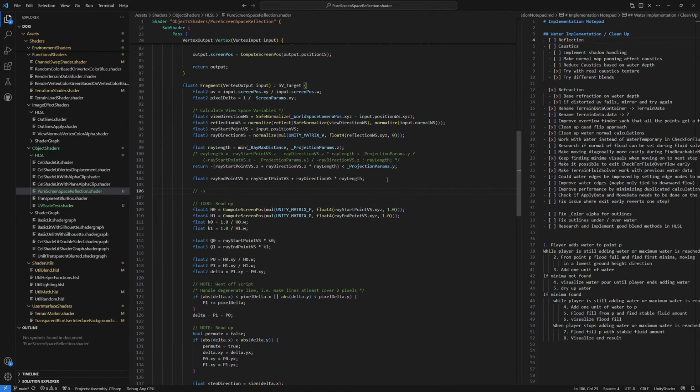Okay. Okay, so given the fact that in view space we're watching in the negative Z direction, what makes this wrong?